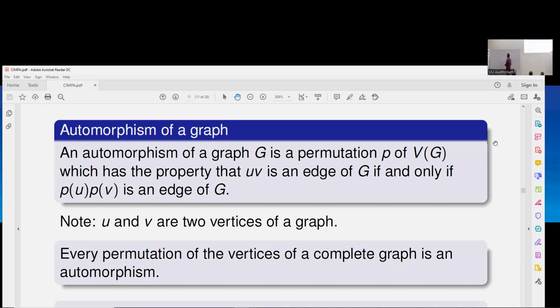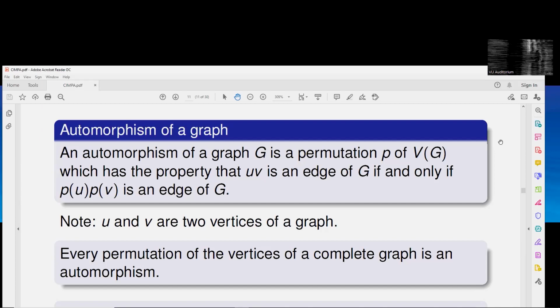So since u1 was adjacent here to u4, u3, and u2, can you somehow put here u2, u3, u4 in such a way that u1 will be adjacent to those three? You can't, right? Because as you can see, u1 is adjacent here only to 2.